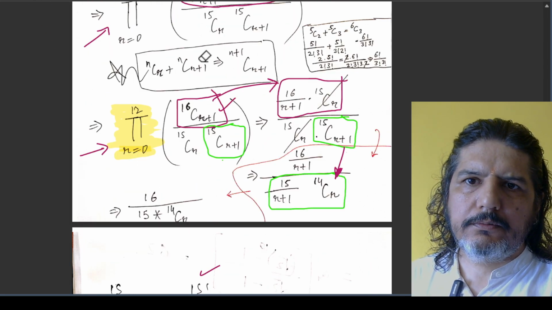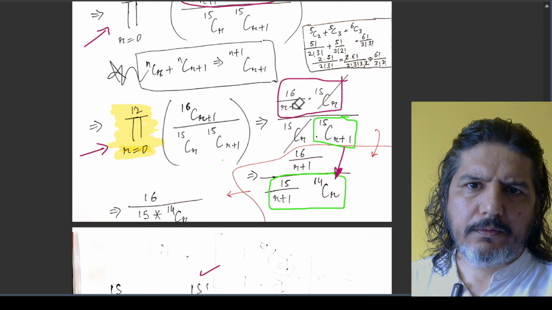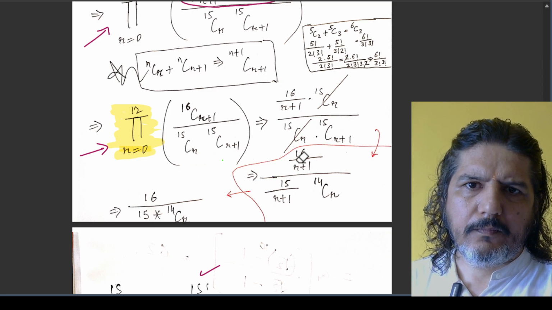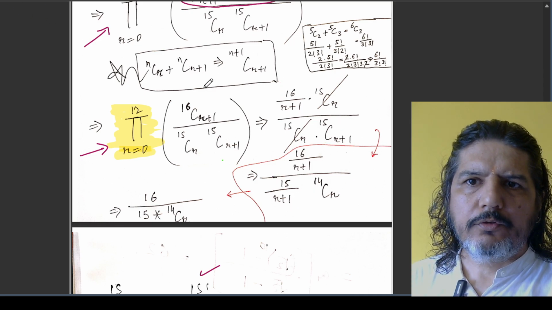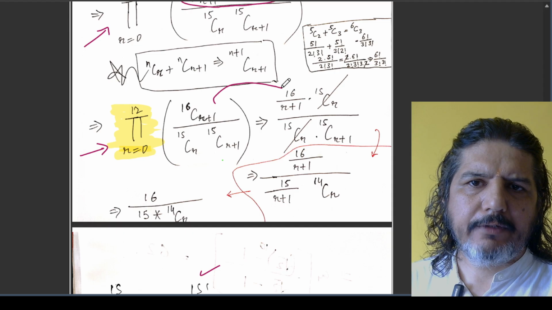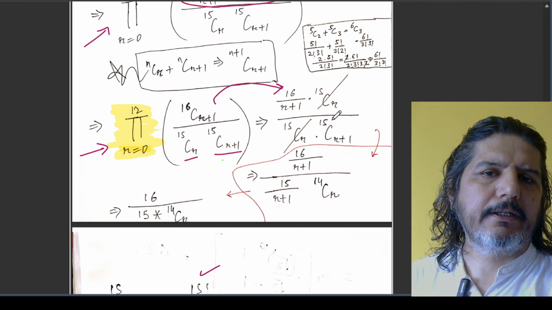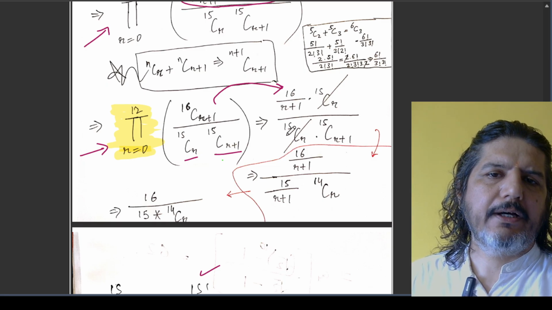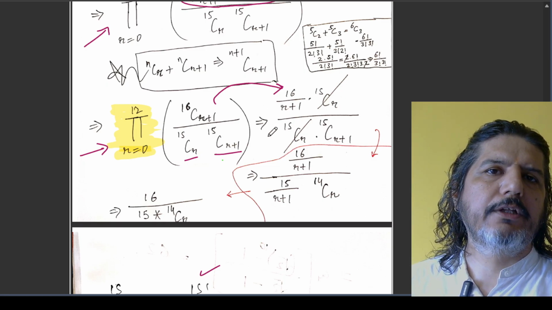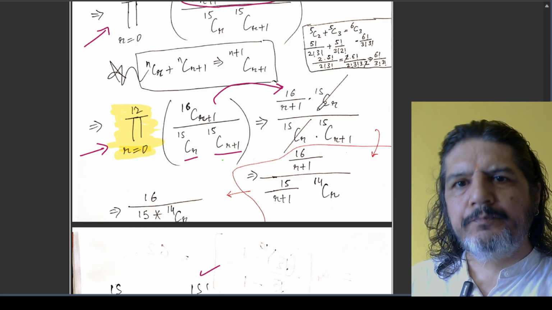Now I'll rub this so that you can see this clearly. So 16 upon R plus 1 I have written here. 15CR upon 15CR plus 1 I have written here. And this 15CR and 15CR, both these terms cancel.